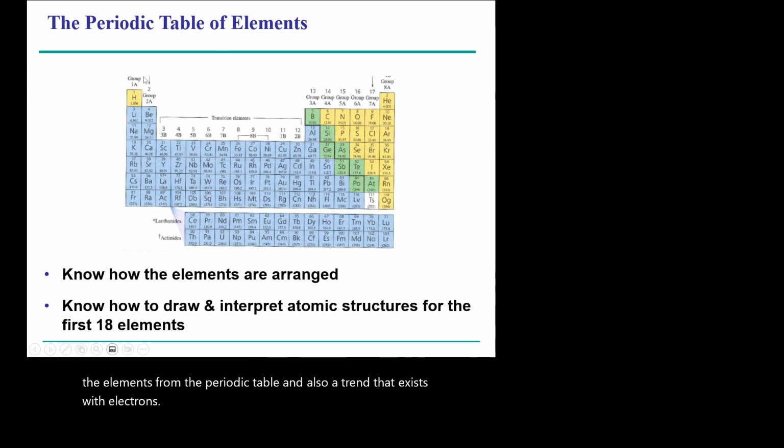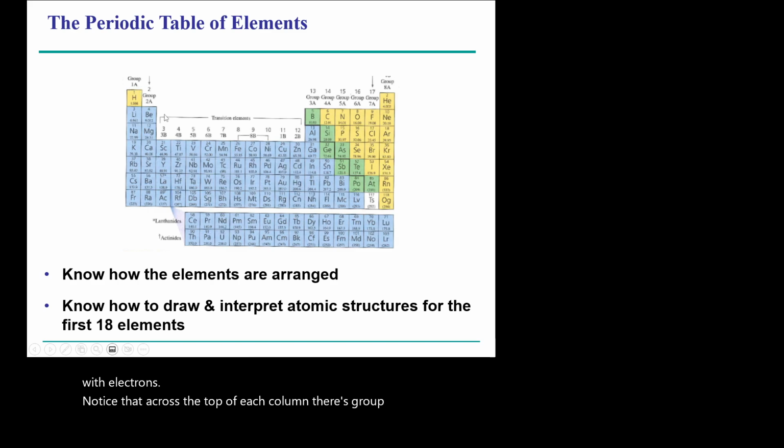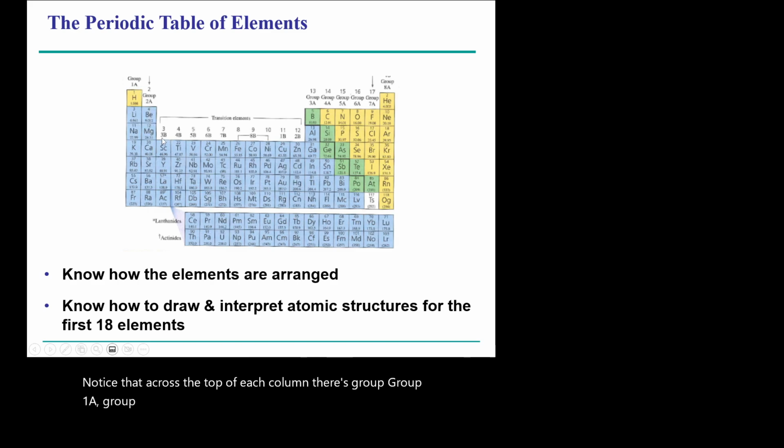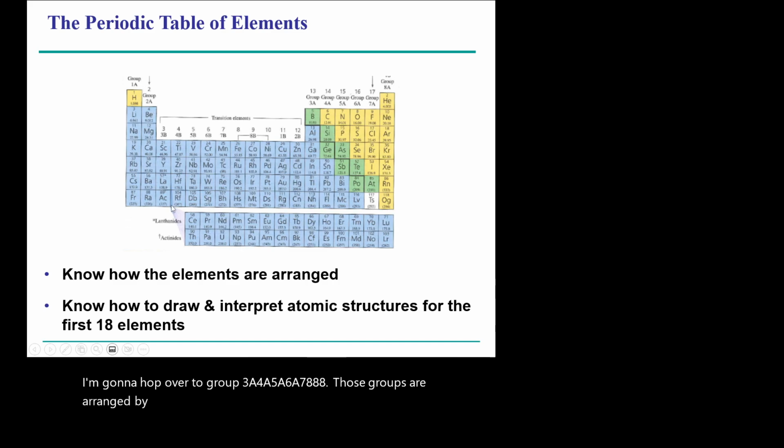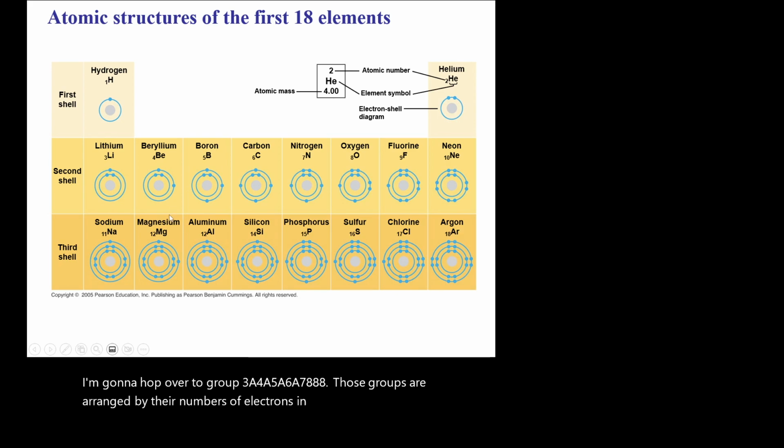Notice that across the top of each column, there's group 1A, group 2A, and I'm going to hop over to group 3A, 4A, 5A, 6A, 7A, 8A. Those groups are arranged by their numbers of electrons in their outermost shell, if you will, which you can think of as the general area where those electrons might be at any point in time.